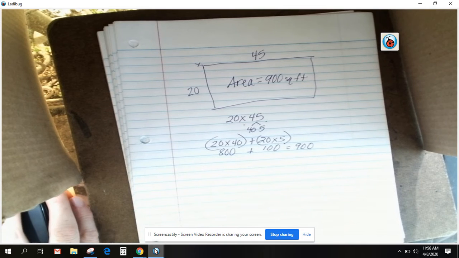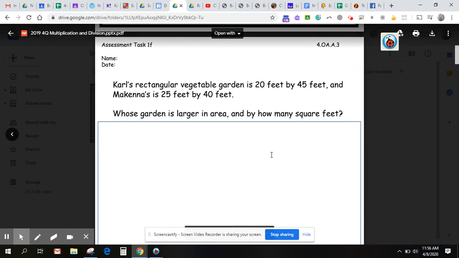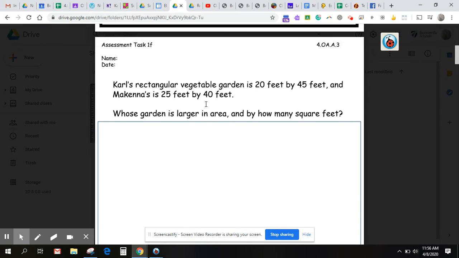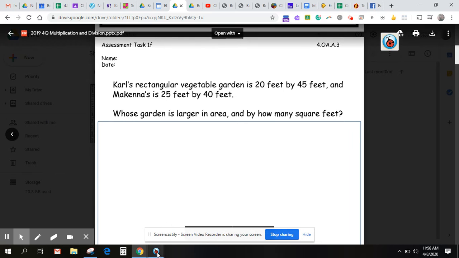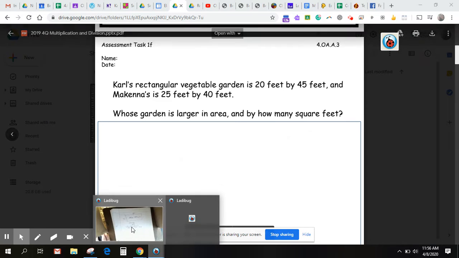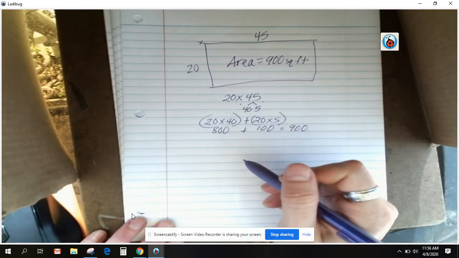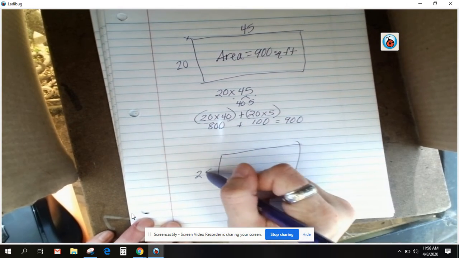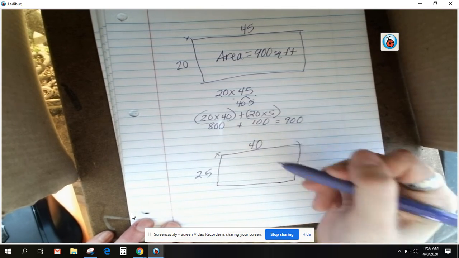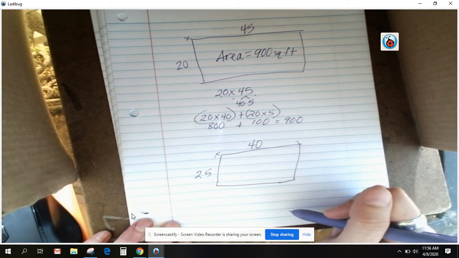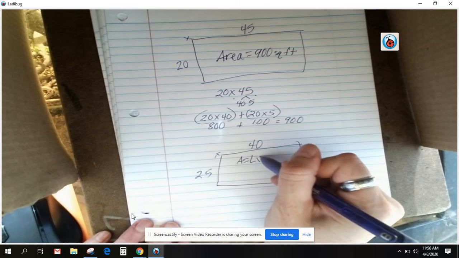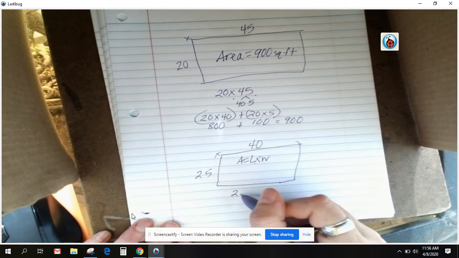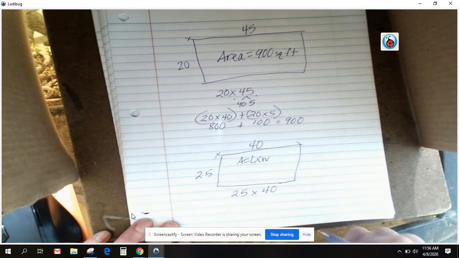Now we go back to the question and it says McKenna's garden is 25 feet by 40 feet. So, again, thinking about 25 feet by 40 feet, a regular rectilinear shape, the area of length times width will apply here. So 25 times 40.